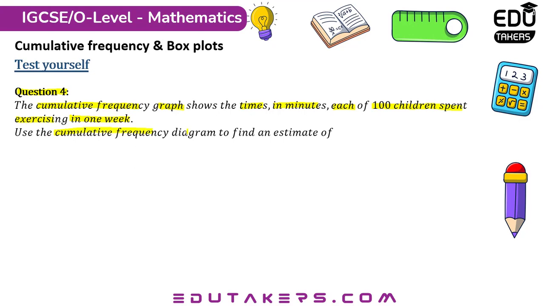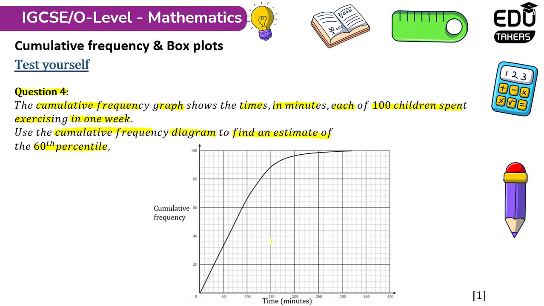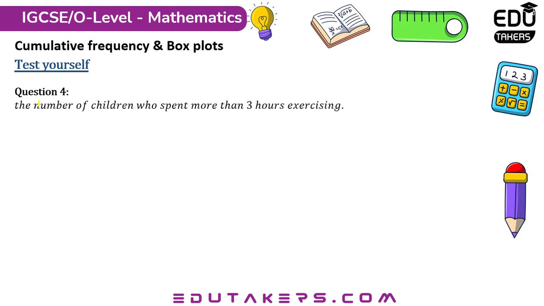Use the cumulative frequency diagram to find an estimate of the 60th percentile is of 1 mark. The number of children who spent more than 3 hours exercising is of 2 marks.